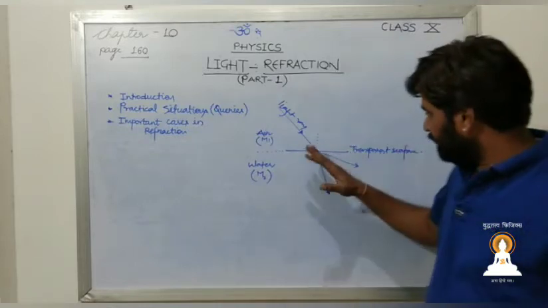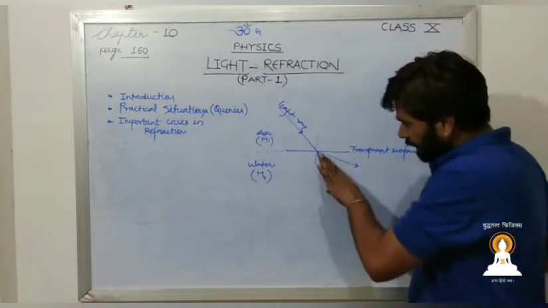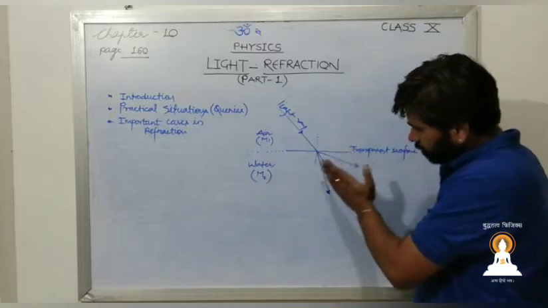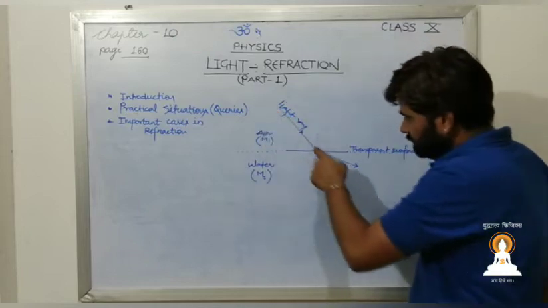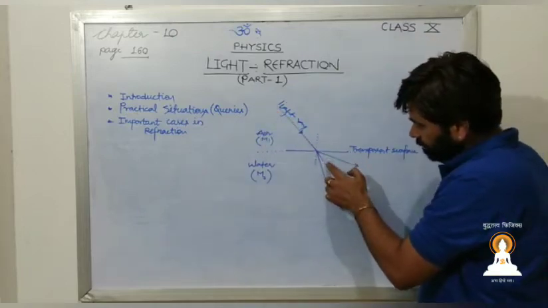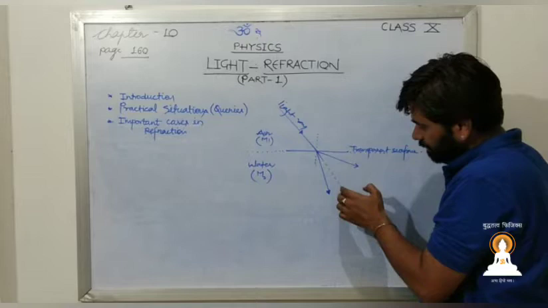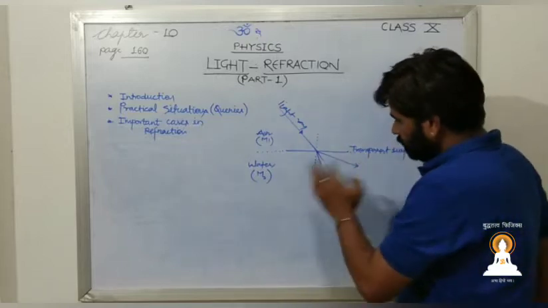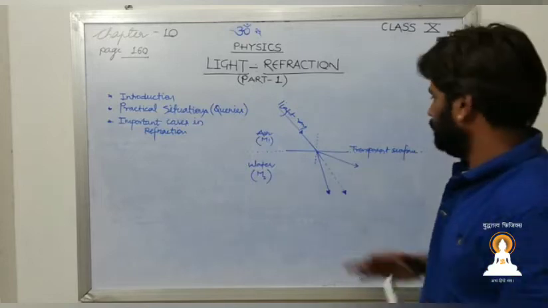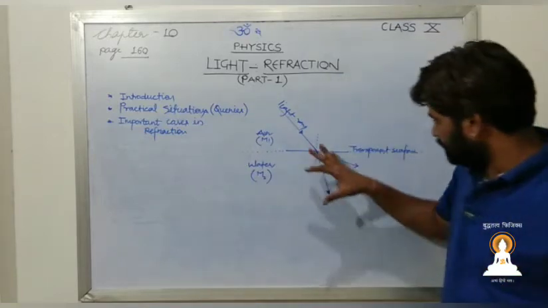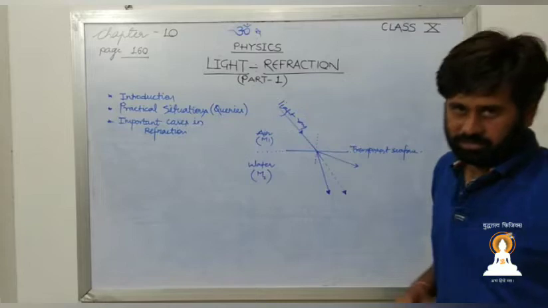If the speed decreases, then it changes its way of movement. It was moving like this, so it changes this particular straight line path either towards or away from the normal. We will see it later on. This is the case which we call refraction.